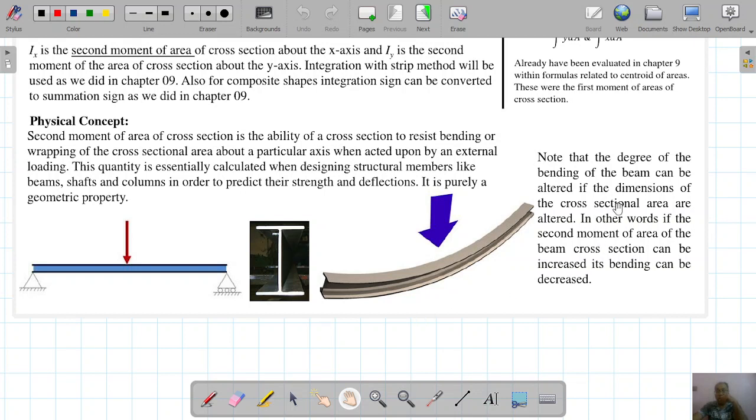So these things are very important. The degree of bending of the beam can be altered if the dimensions of the cross-sectional area are altered. In other words, if the second moment of the beam cross section is increased, its bending can be decreased. It's an inverse relation: the higher the second moment of area, the less the bending, and the lower the second moment of area, the more the bending will increase. And we do not want that as mechanical engineers.